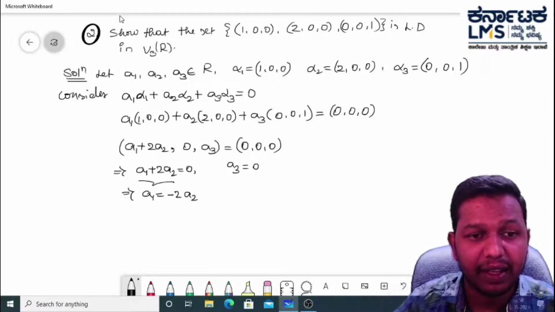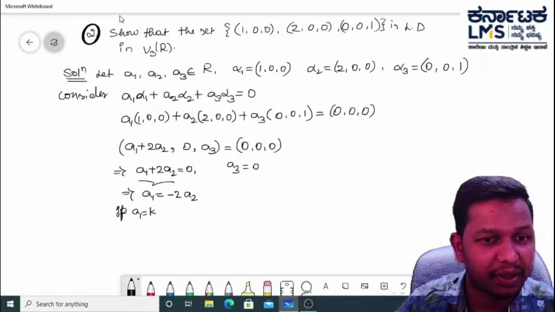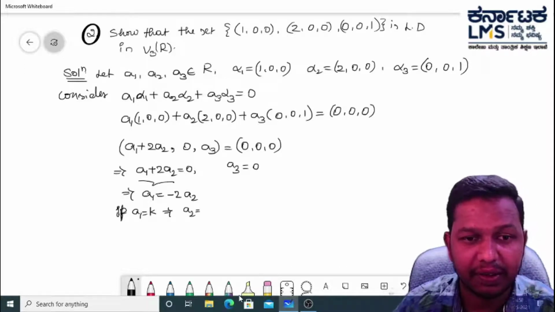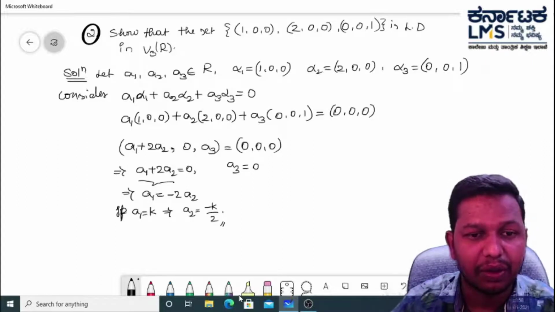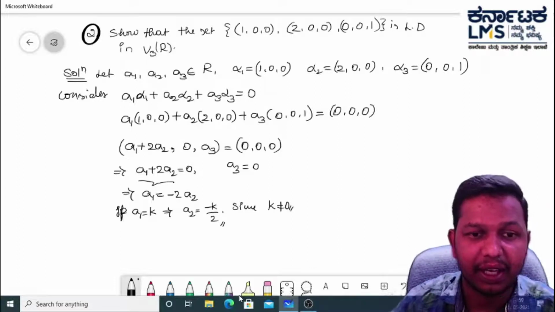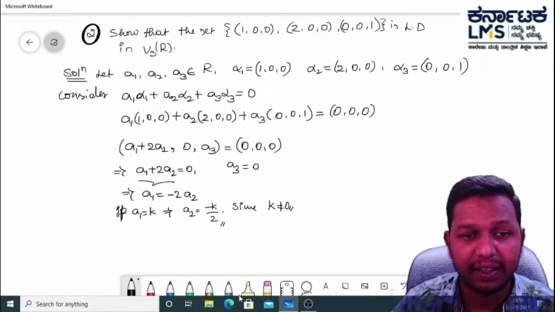That means if a1 is equal to some constant k, then a2 is equal to minus k divided by 2. So since k is not equal to 0, we have a1 and a2 are not 0 but scalars.